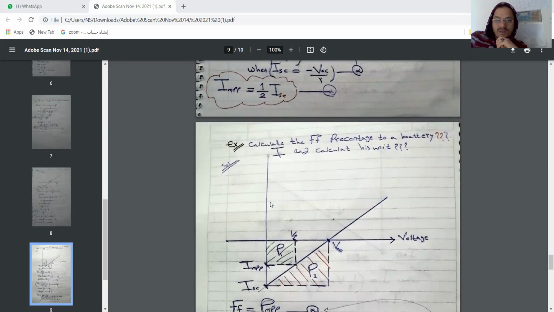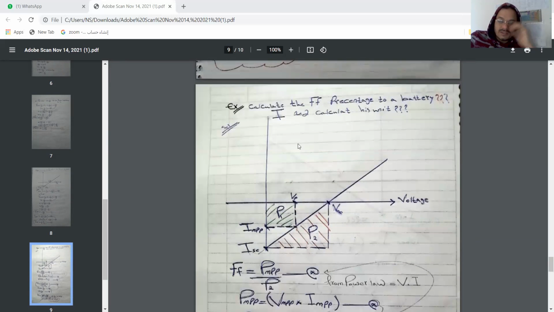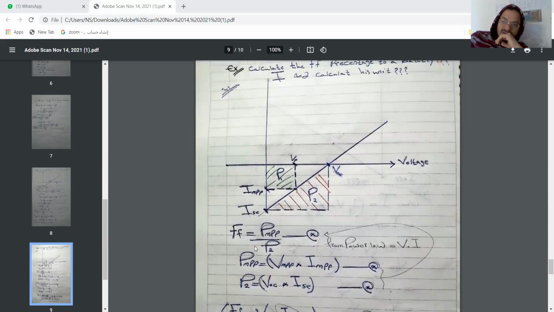Calculate the fill factor percentage for a battery and calculate its unit. Here, the same diagram, with current on the x-axis and voltage on the y-axis. He wants us to calculate the fill factor percentage. Fill factor means Pmpp divided by P2.